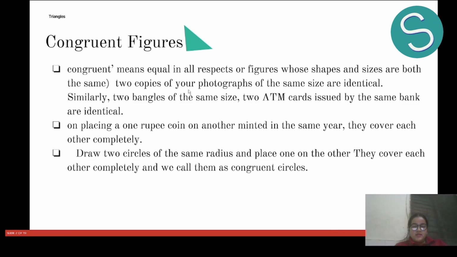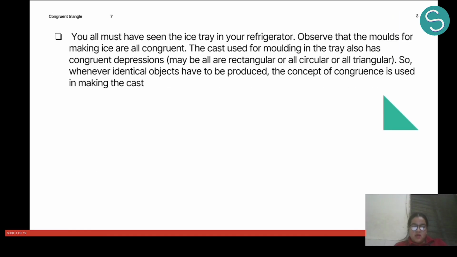Similarly, two bangles of the same size, two ATM cards issued by the same bank, all are identical. Or suppose I place a 1 rupee coin on another minted in the same year, they cover each other completely. So all these objects are called congruent to their identical copies.